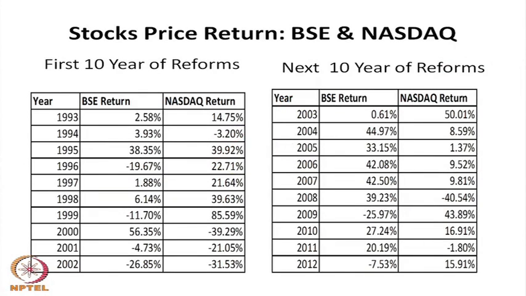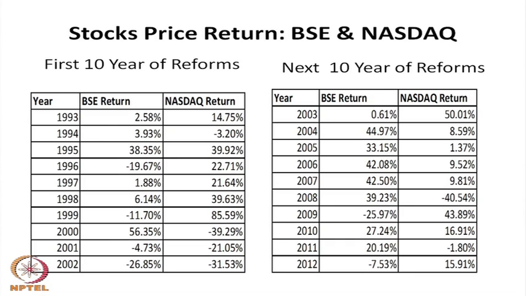If you analyze the stock market side, the stock market price return, I have taken into account the BSE return and the Nasdaq return, and the two phases of financial sector reform. One phase, from 93 to 2002, is the phase of reform measures, and the second phase, 2003 to 2012, is the consolidation phase of reform. These two phases have different scenarios for us.